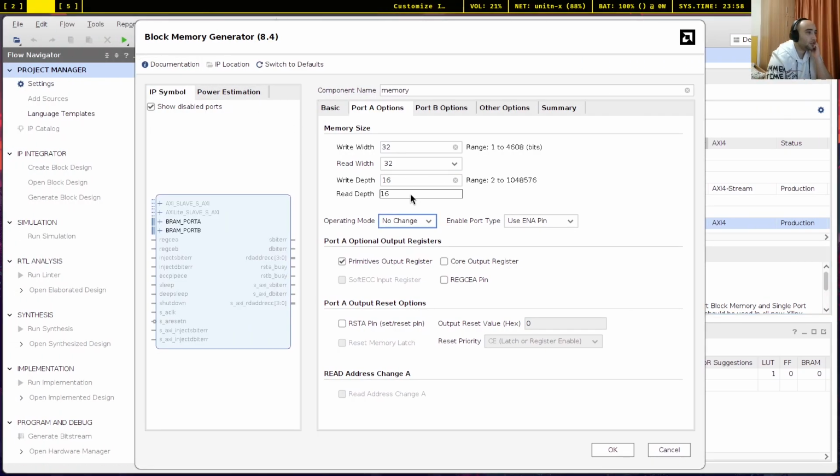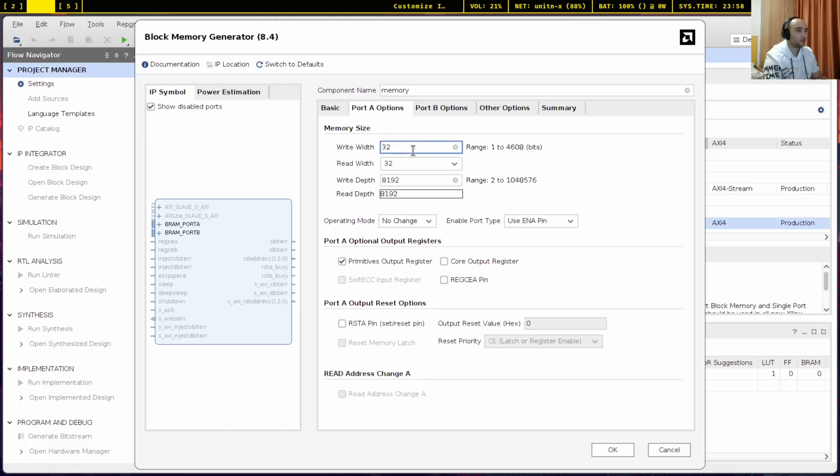So here write depth is 8192. Why is the read depth 16? I have no idea. I have absolutely no idea.